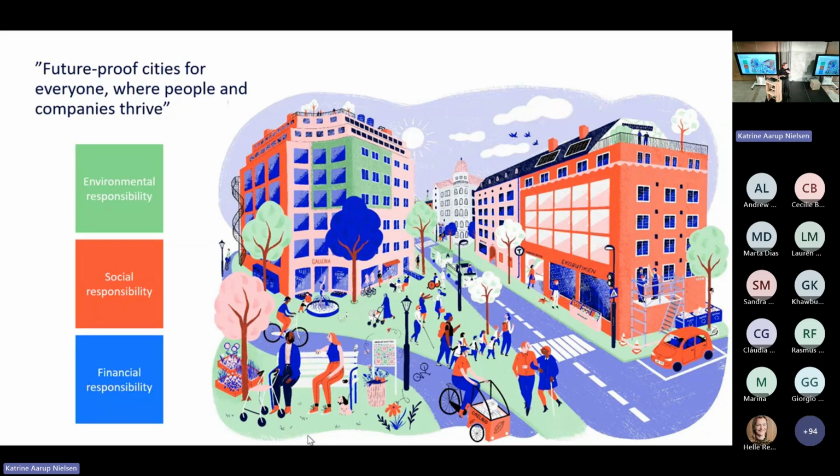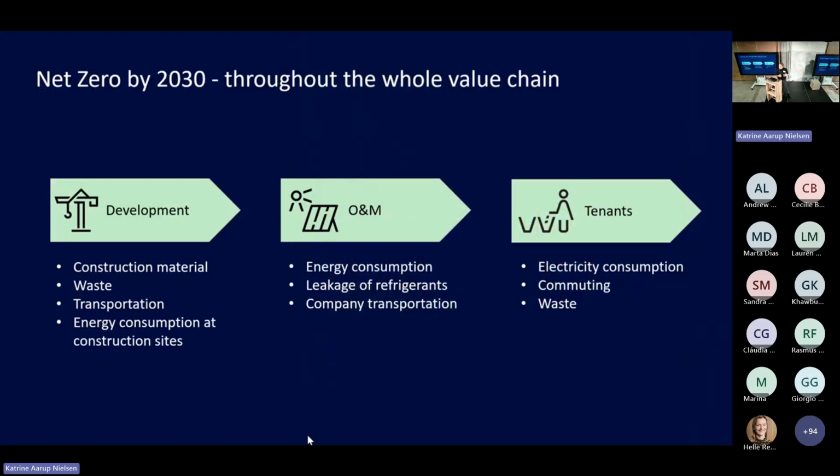And to be able to create this transformation, we set out ambitious targets. And when it comes to climate, we set out a new objective or target a little more than 5 years ago, and that was to become net zero in the whole value chain by 2030. And this is an absolute target.